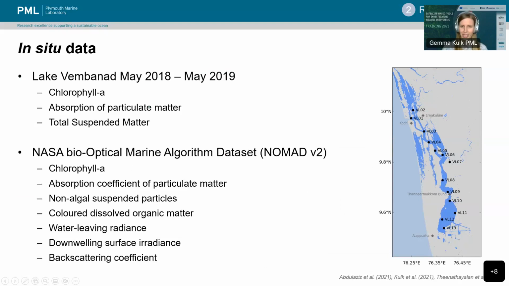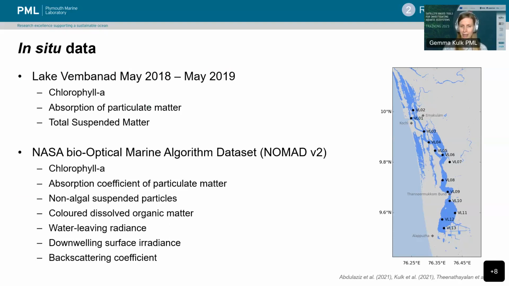One of the in situ data sets that we used in this study is the one I mentioned earlier for the research on water quality in Lake Vembanad. Just to remind you, for this data set, we carried out field campaigns between May 2018 and May 2019, with samples being collected every 20 days at 13 different locations in Lake Vembanad.